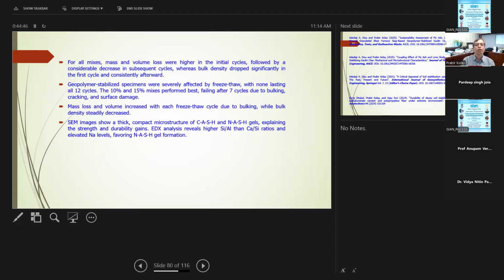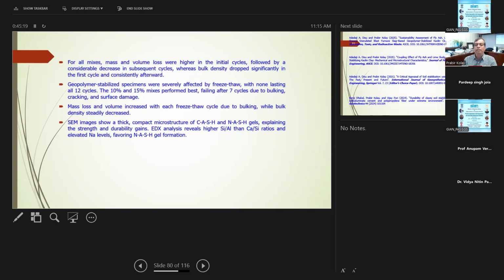And then for all mixes, mass and volume loss were higher in the initial cycles, followed by a considerable decrease in the subsequent cycles. So geopolymer samples are effectively affected by freeze thaw. For all the combinations, no samples survived after 12 cycles, whereas for wetting and drying, samples survived.